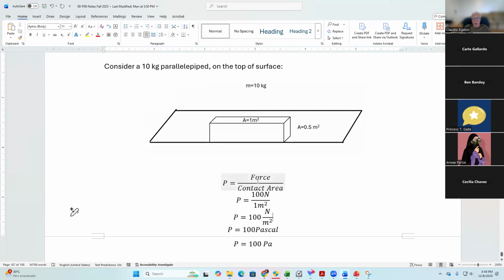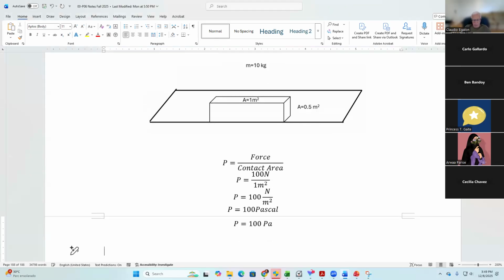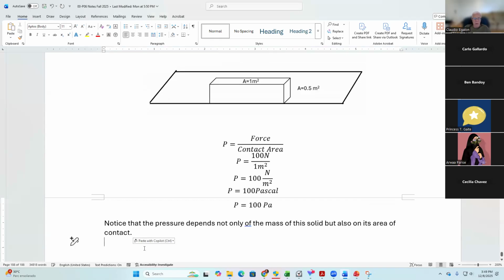So because the pressure depends on the contact area, if I reorient this block to be upright, the pressure is going to change. The mass is not going to change. The weight is going to be the same, right? It depends not only on the mass, but also on its contact area.